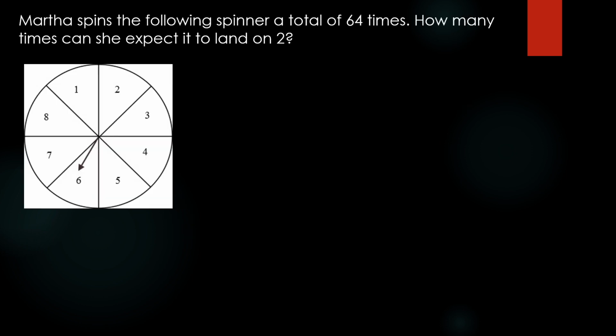Our next question says that Martha here is spinning this following spinner, and she spins it a total of 64 times. Out of those 64 times, how many of them can she expect it to land on a 2? Well, for this one, the first thing I want to do is figure out what is the probability of it landing on a 2, right? I only see 1, 2 out of all of these 8 sections, right? This entire spinner has 8 different sections.